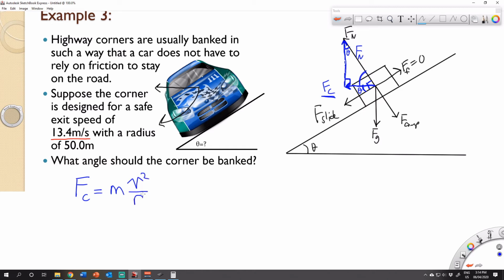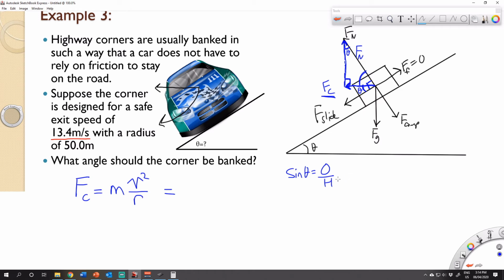Now, FC also happens to be the same as the opposite component of this triangle, and if you remember from SOHCAHTOA, sine theta equals opposite over hypotenuse.